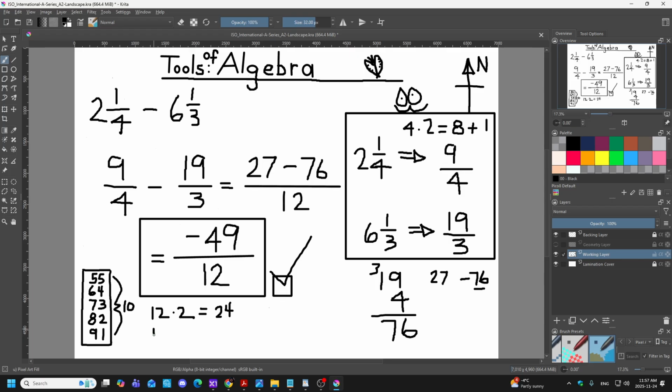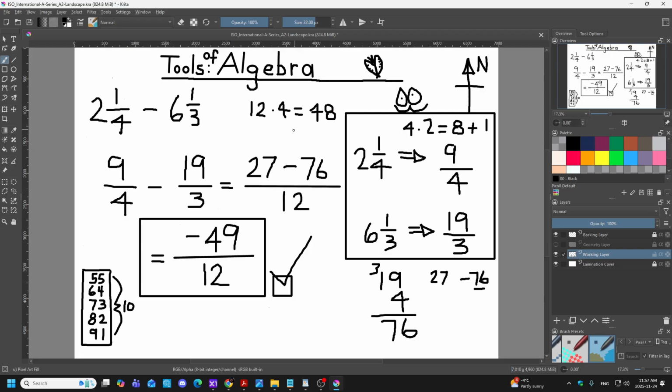Let's double it again. That's 12 times 4, which gives us 48. Oh, perfect. That's what we want, because it's still less than 49. We don't want to go over. So our front whole number is going to be 4. 12 times 4 equals 48.